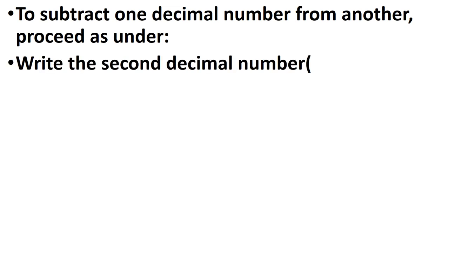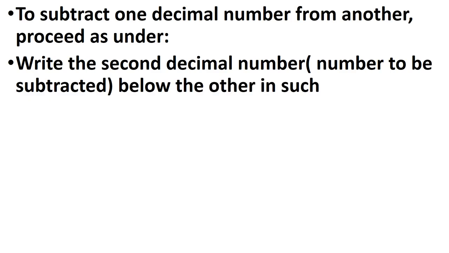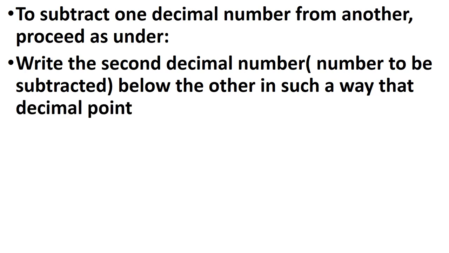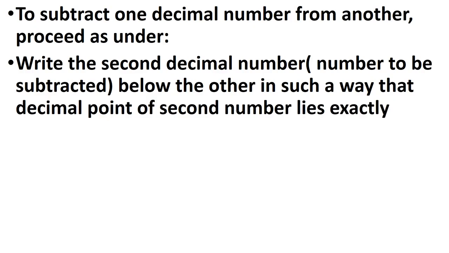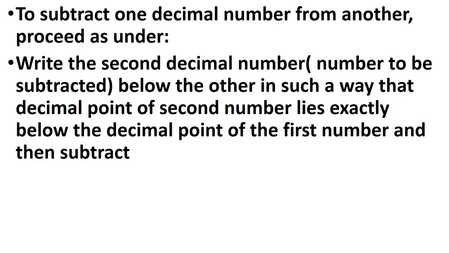Write the second decimal number, that means the number that we have to subtract, below the other in such a way that the decimal point of the second number lies exactly below the decimal point of the first number, and then subtract in the usual way.